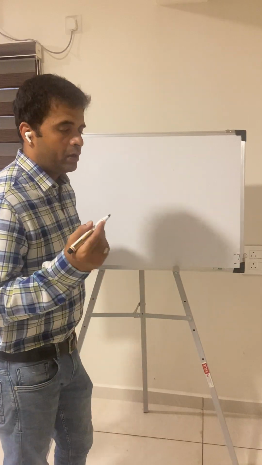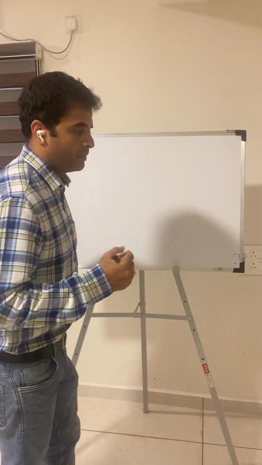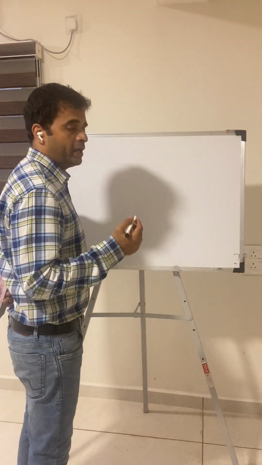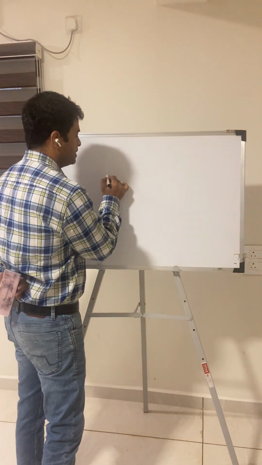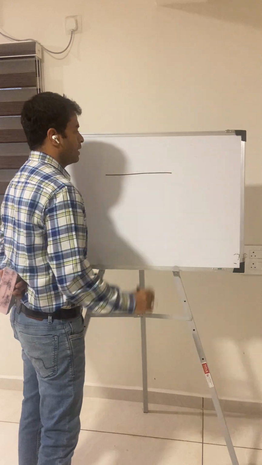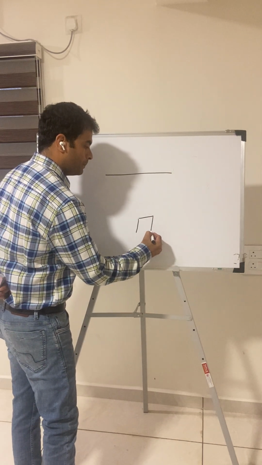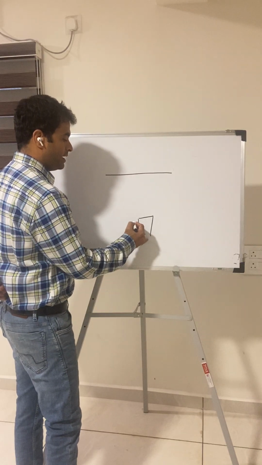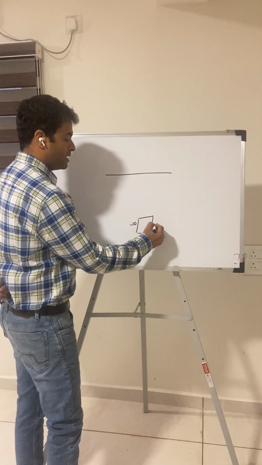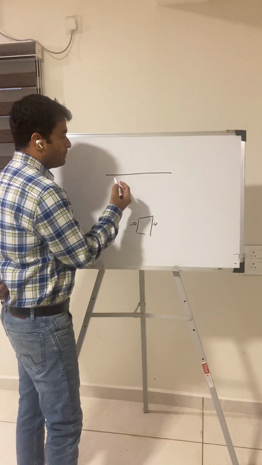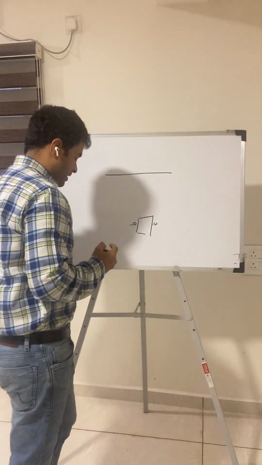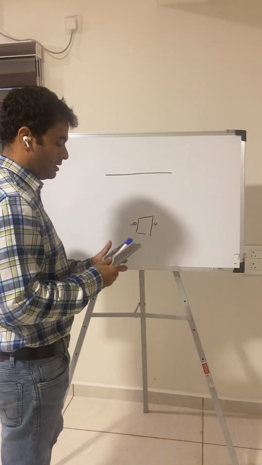Let us understand what accreditation defines as far as the OT guidelines are concerned. This is the false ceiling. This is the operating table. The surgeon is standing here, and the staff are here.